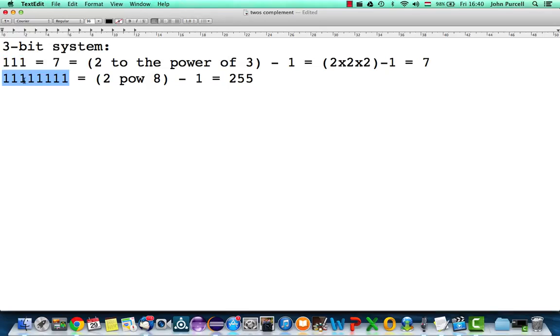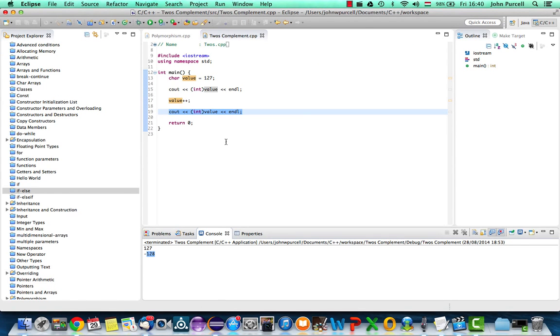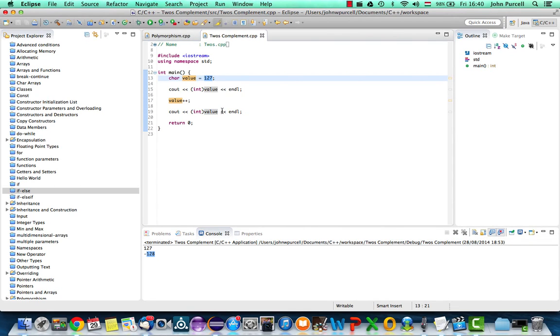Or the maximum value that we could store in 8 bits, if it's got to be signed and we need to keep 1 bit for the sign, is now going to be 2 to the power of 7, which is 128 minus 1, which will be 127. But as we saw, the maximum value that we can store in this chart is 127, but we're managing somehow to get to minus 128 with the most negative value. And that's to do with the way the number is actually stored.